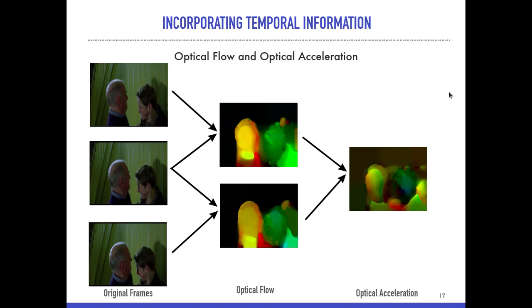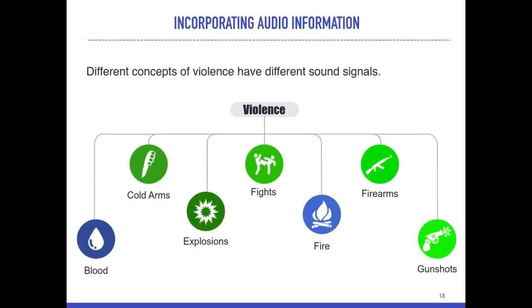So to describe movement, we not only use the combinations, but we also use optical flow and optical acceleration here. But there's still some more information we can think of extracting just by looking at the nature of our subconcepts. We are detecting violence in videos, so we can use the audio information too.